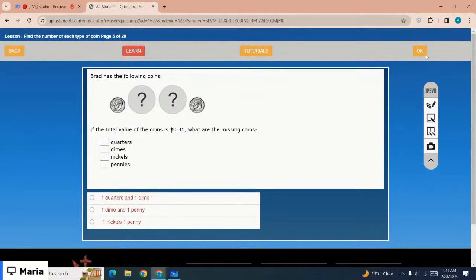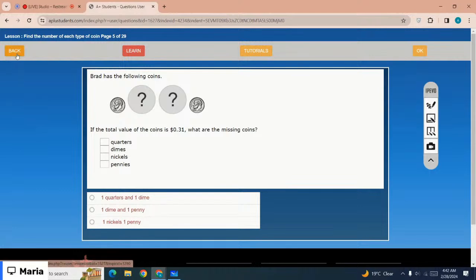So which is the correct option? The correct option is 1 quarter and 1 dime.